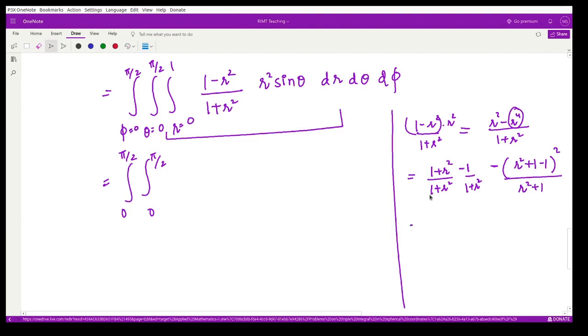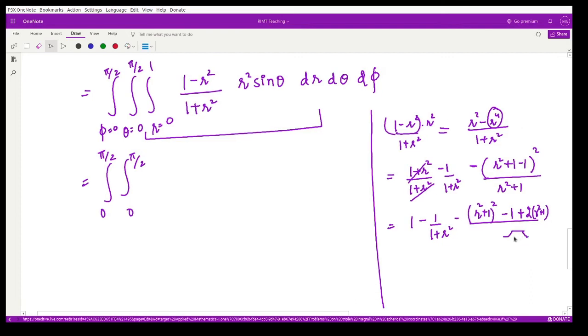Now this first term becomes 1 minus 1 by 1 plus r square. And then what would be this? I have to open up this square. So it would be r square plus 1 whole square, and then minus 1 and then plus 2 times r square plus 1 divided by r square plus 1.